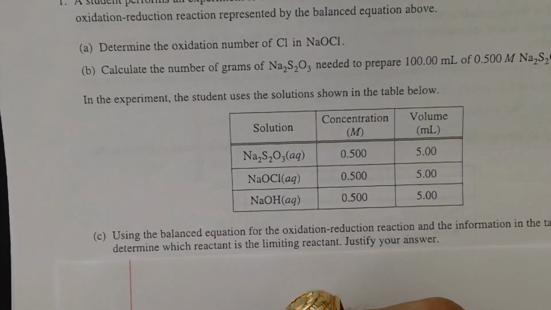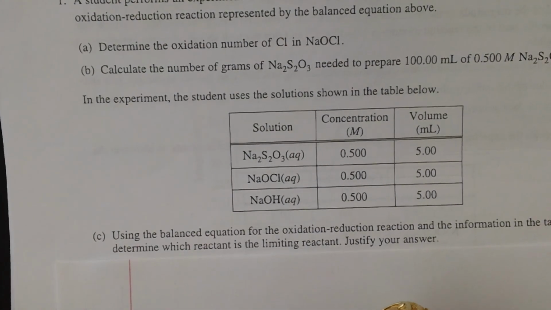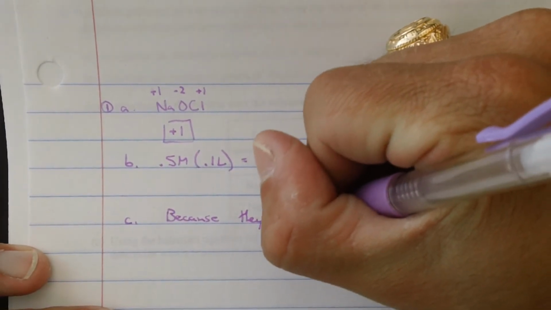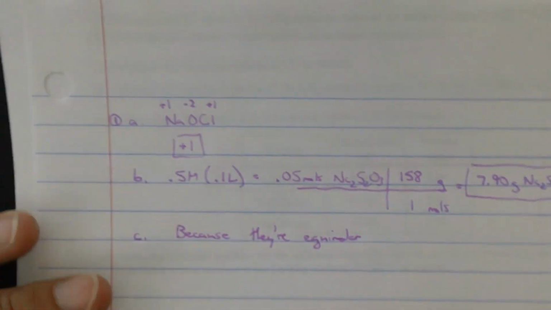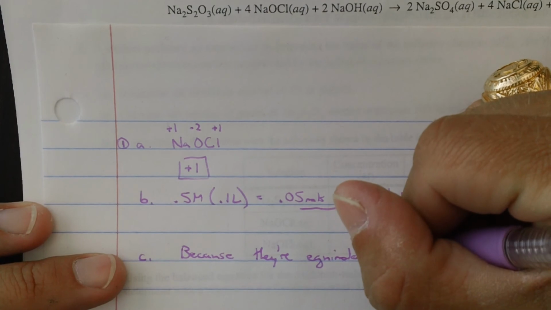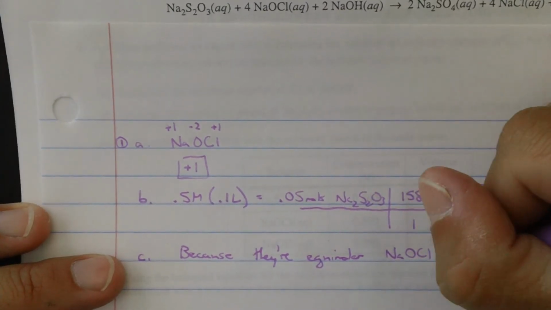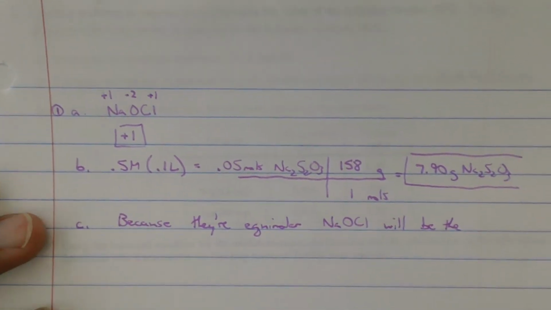Because they're equimolar, NaOCl will be the limiting reactant.